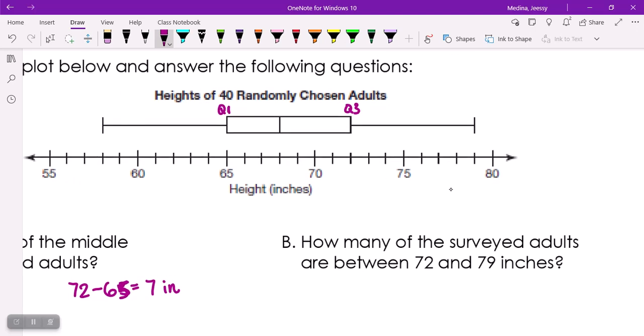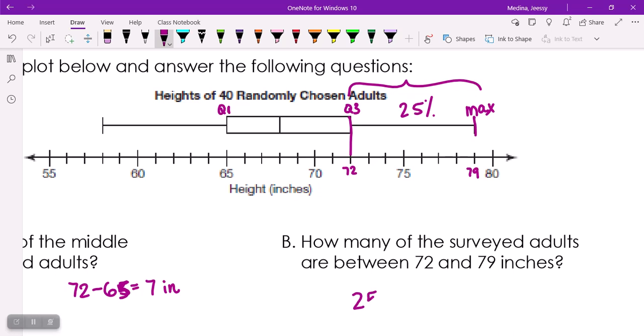How many of the surveyed adults are between 72 and 79 inches? Okay, so you find 72 and you find 79 on the box plot. 72 is here and 79 is over here, which is the maximum. So how much data is between Q3 and the maximum? 25%.